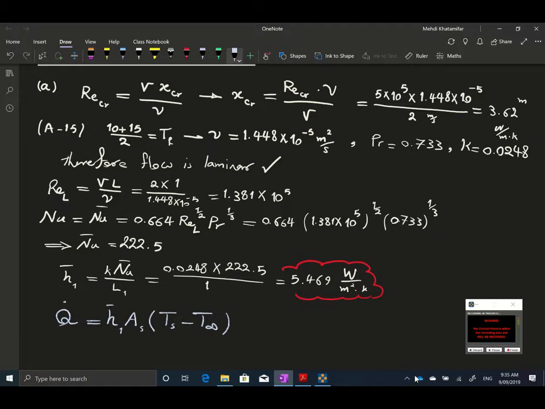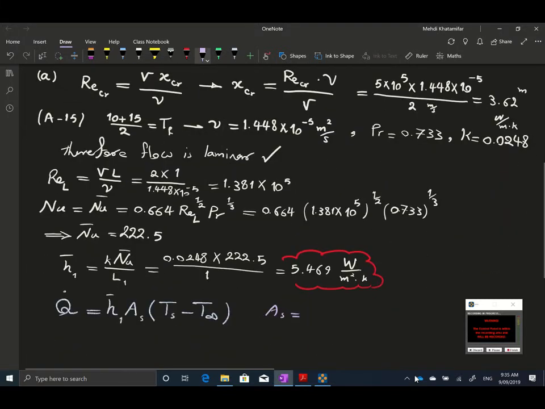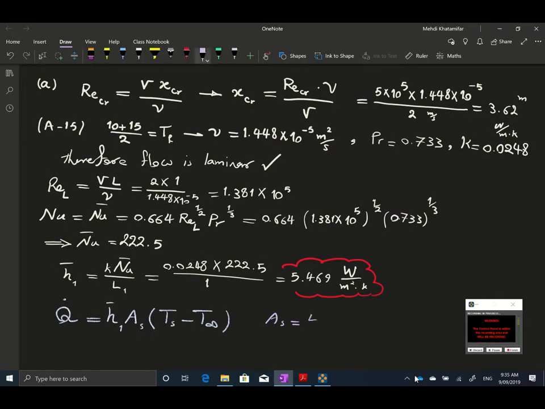What is the surface area? Let me write. Area of surface is, the length was 4 meter and the width was 1 meter, 4 times 1, it's going to be 4 meter square.